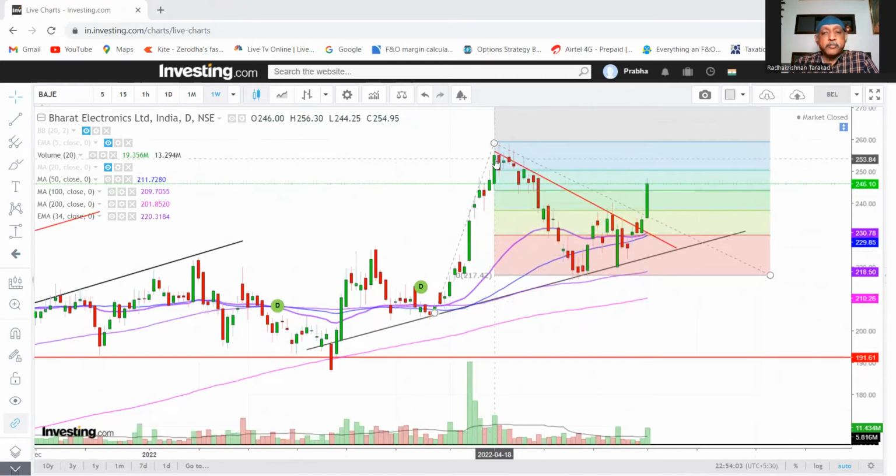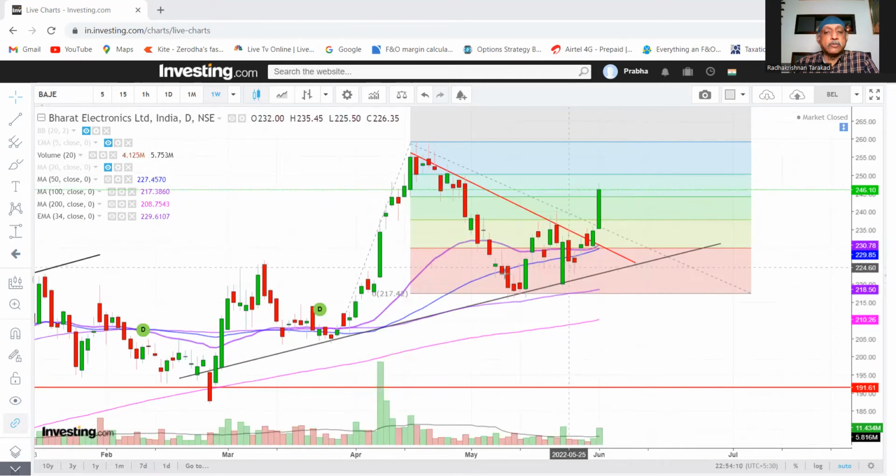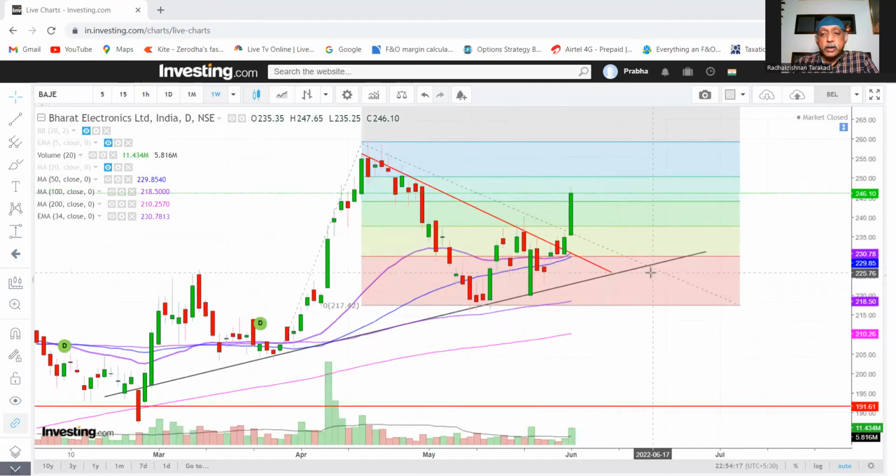Using a Fibonacci extension tool, I tried to do a forward path as to what is the potential of this stock and where it can go. If the same trend were to be repeated going forward, BEL stock has actually crossed the 50% retracement zone today, and it has just entered the golden retracement, or the 61.8% retracement zone today, with very high volume, above average volume, I should say.